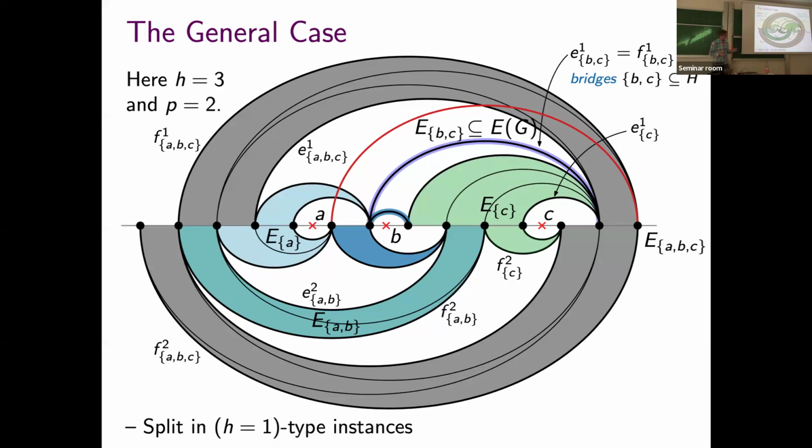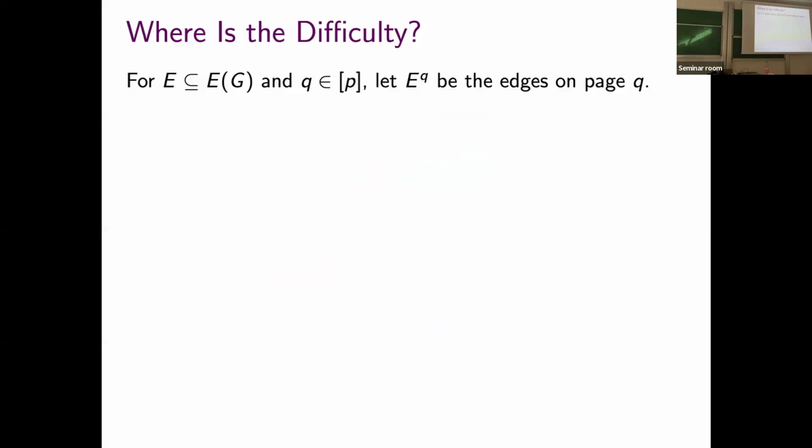And that's the difficult part. So we split into instances of the same type that you have seen before, and we work with this adjustment to the flow network that we have already seen. Okay, so let's at least understand what the difficulty is.